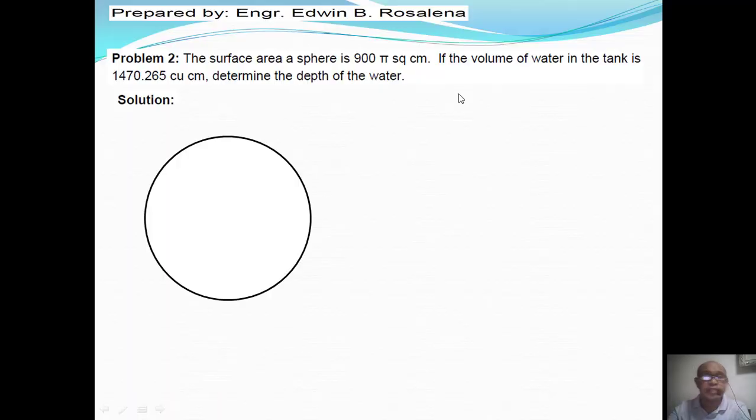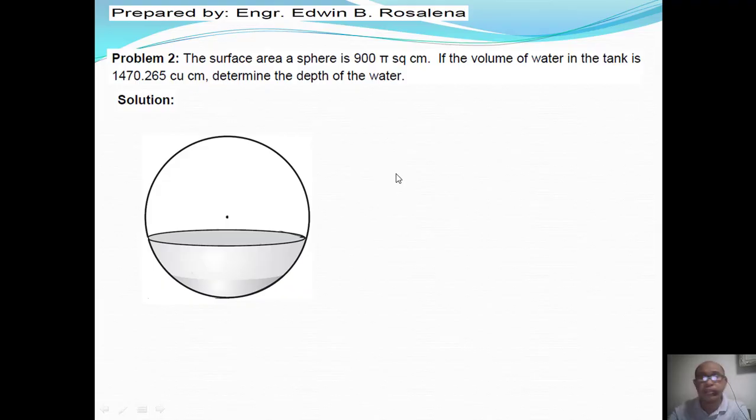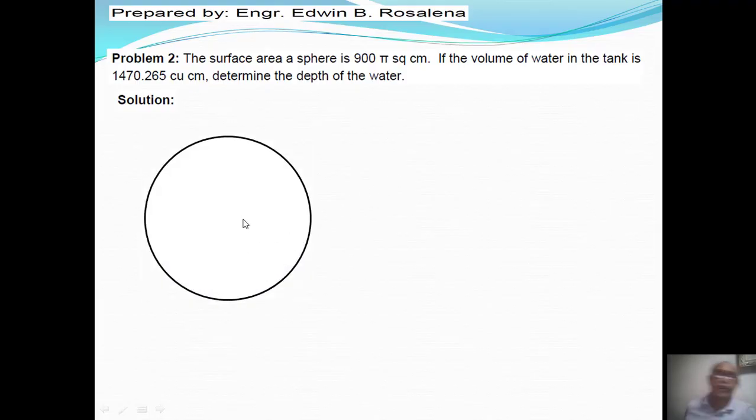Okay. So let us say this is the spherical tank, and from the surface area, which is 900 pi square centimeters, I can solve for the radius.